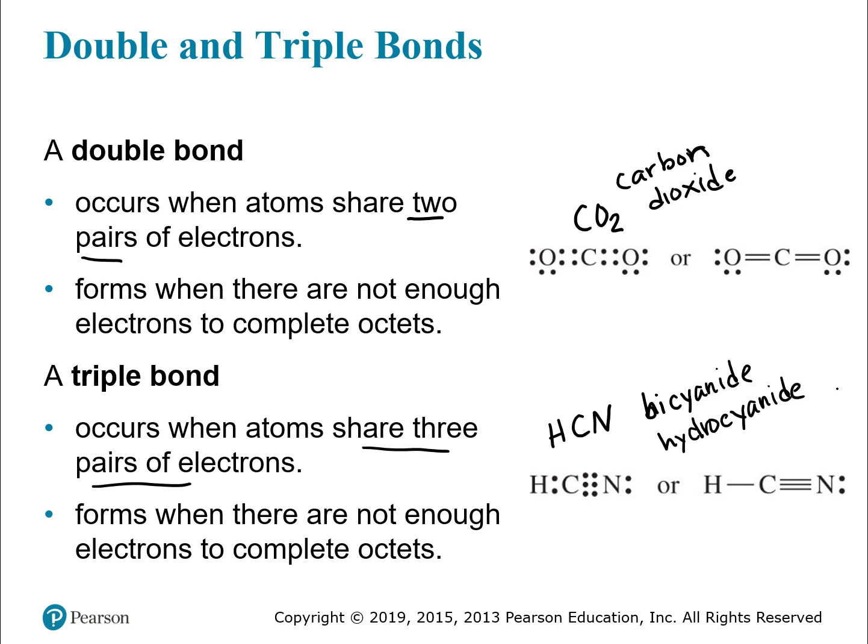So don't worry about the names, but that's practice. Whenever you see a molecule that you think you can name, you should name it. And as you see here, for each of these, say for example, between the carbon and the nitrogen, we've got 6 electrons. Ooh boy. So that means that it's going to be a triple bond. Remember, each 2 electrons between 2 different atoms is going to be a single line.